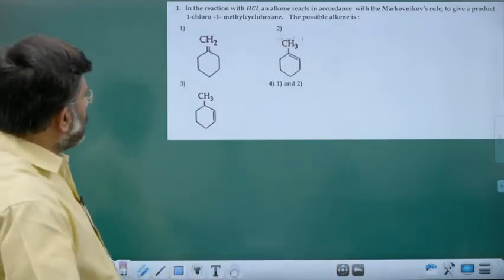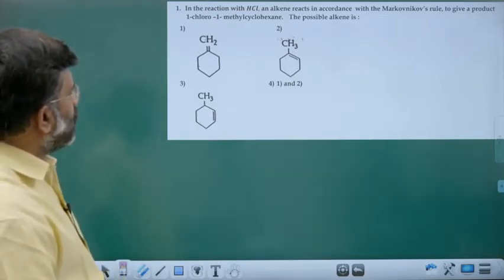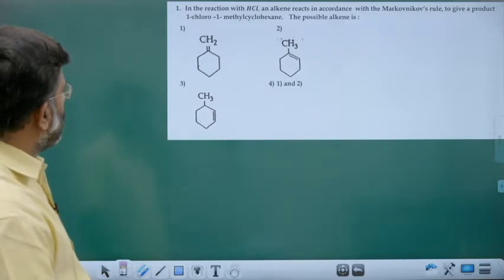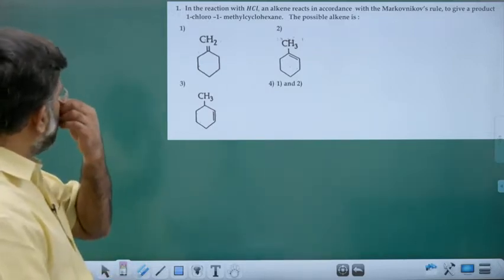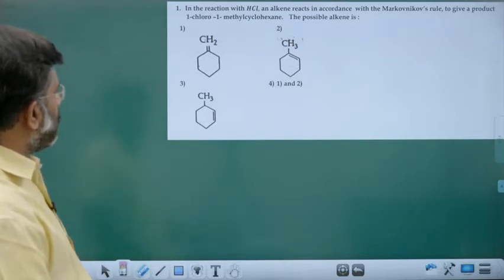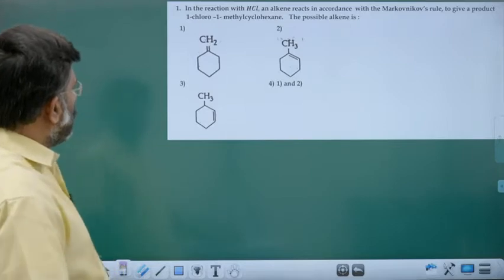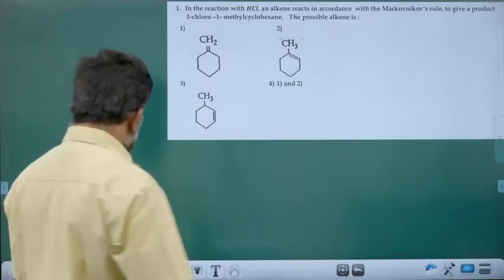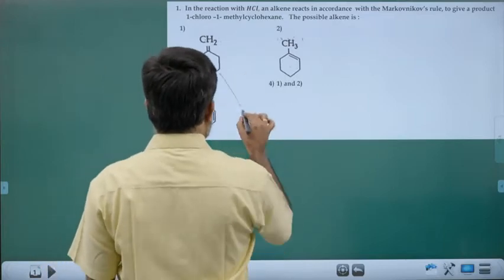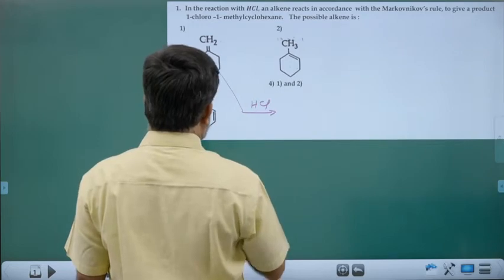In the reaction with HCl, an alkene reacts in accordance with the Markovnikov rule to give a product 1-chloro, 1-methyl cyclohexane. The possible alkene is... Let us examine the first one treated with the HCl, Markovnikov addition.